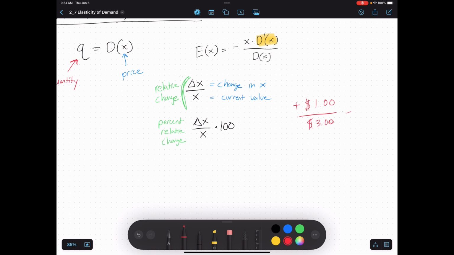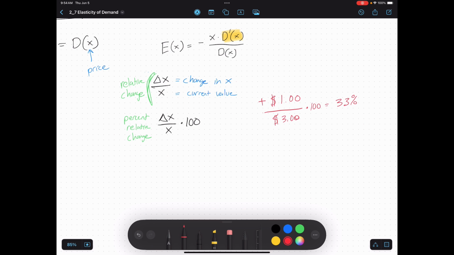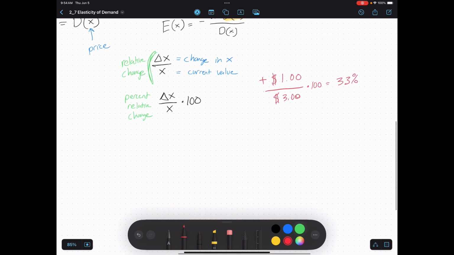It ends up being a 33% increase. That's different than if I still change the price by $1, but the current price is $100. In that case, I just have a 1% increase. That's the idea of relative change: how much are you actually changing the price relative to what it currently is.